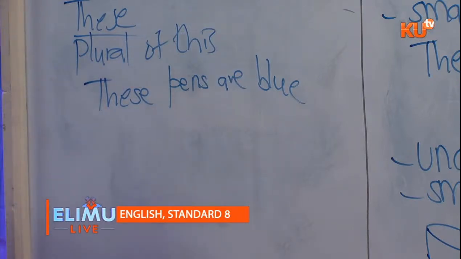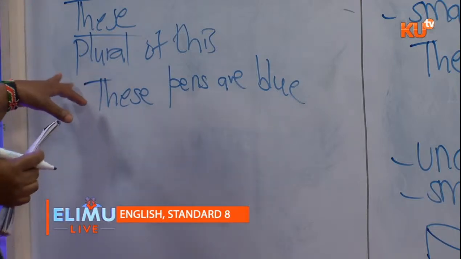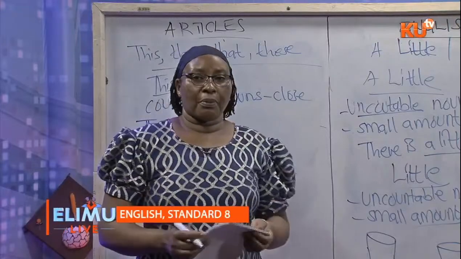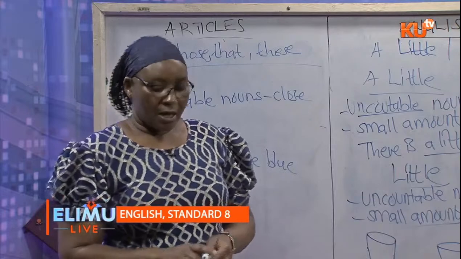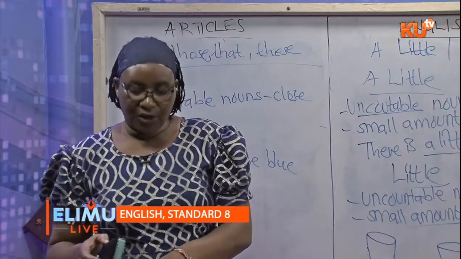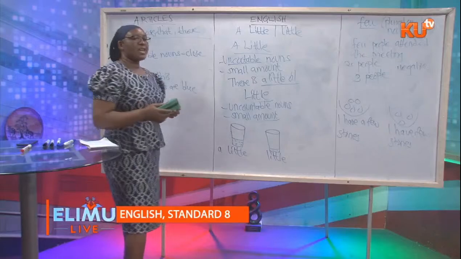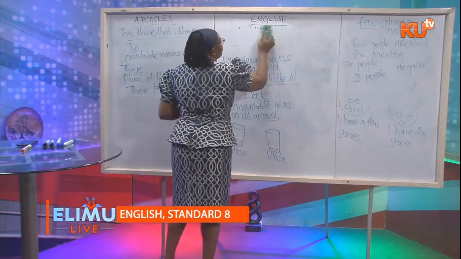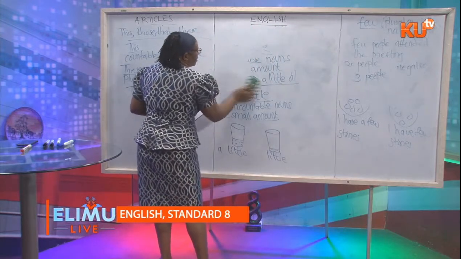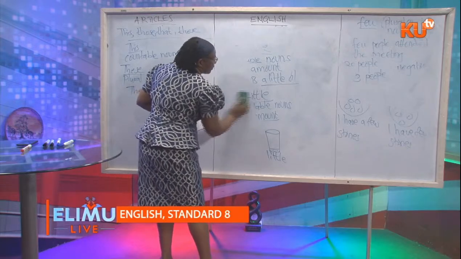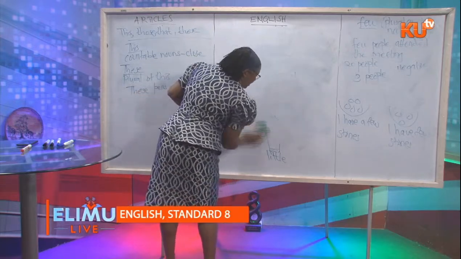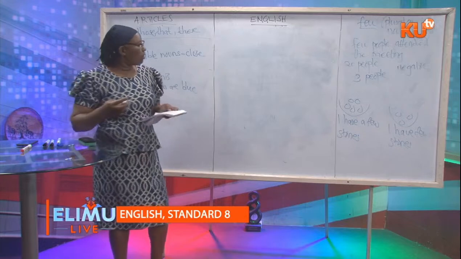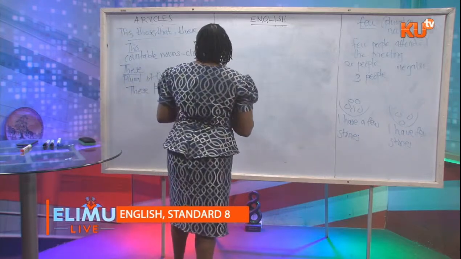Now, apart from referring to things which are very close to you, these 2 words can also refer to ideas which have been mentioned earlier. So the speaker is aware of these ideas, but they have already been mentioned, maybe in a sentence or in a story that a person is reading.